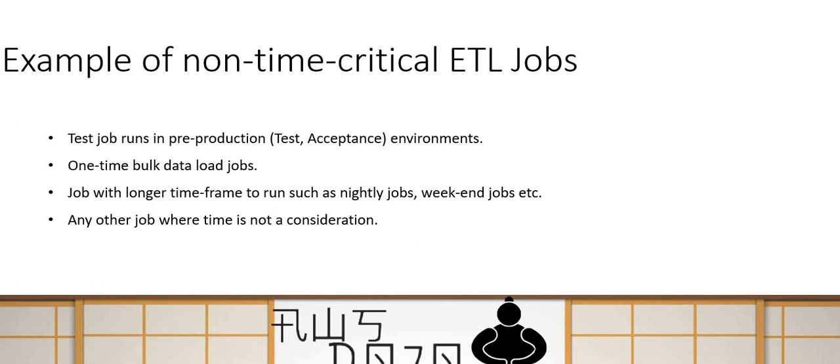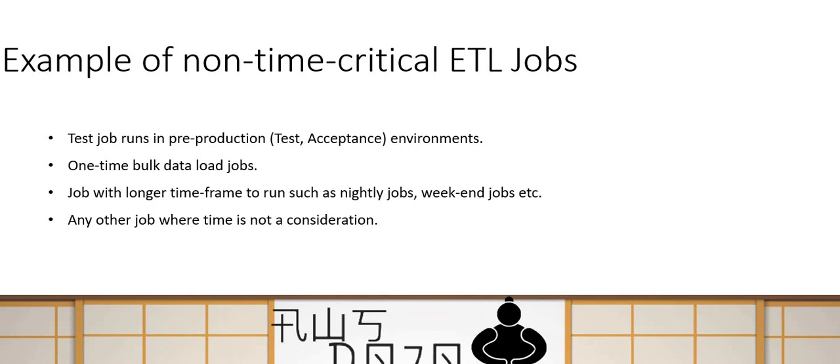Sometimes you use an ETL job for a one-time bulk data upload. If you plan it the right way, then you can make it non-time critical. Or sometimes you run jobs which need a longer time frame, like nightly jobs or weekend jobs, where time criticality is not so important as long as the job gets finished overnight or over the weekend. Those are some examples of non-time critical jobs, or other jobs where time is not a consideration.